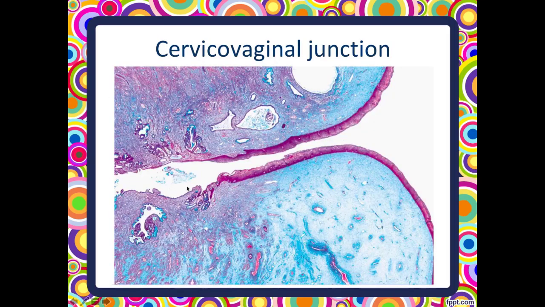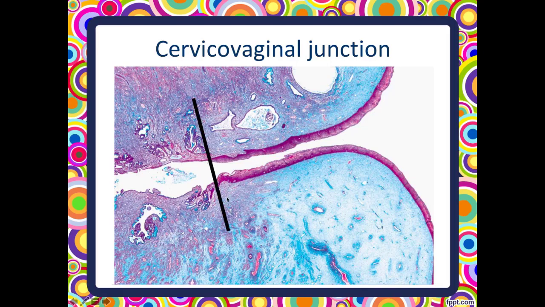So this is the ectocervix, this is stratified squamous epithelium, this is the cervical canal. This part is lined by one layer of columnar cells. You can see also the cervical glands, mucosal glands, and this is the cervicovaginal junction.